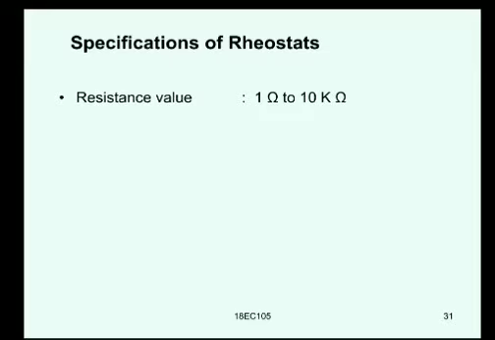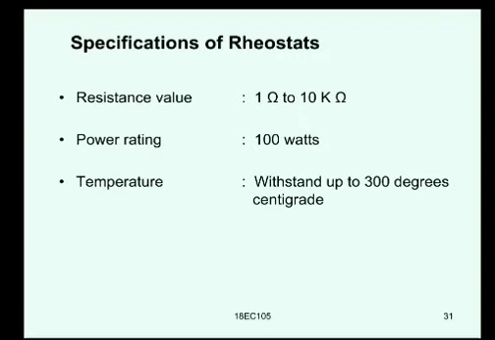Power rating is up to 100 watts, and nowadays they are even above that. The temperature rating of the rheostats is this: they can withstand up to 300 degrees centigrade, which means they are very much robust.